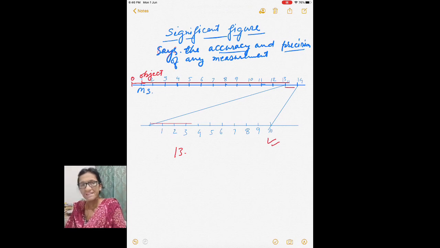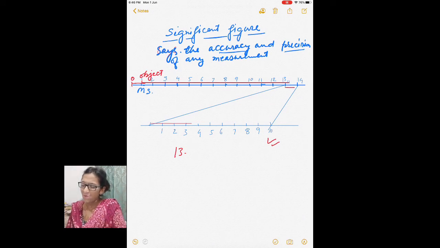So this digit is very uncertain, the next digit. 13 you have directly noted from this meter scale, but now this digit is doubtful. You may write anything, either 3 or 4 or in between.